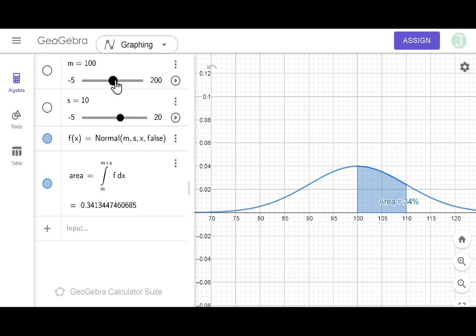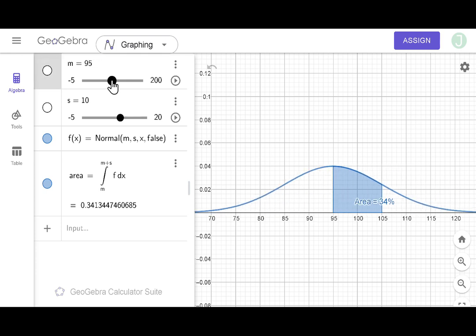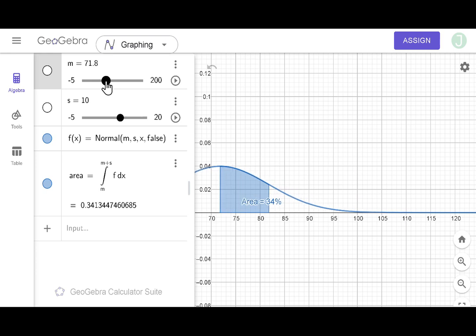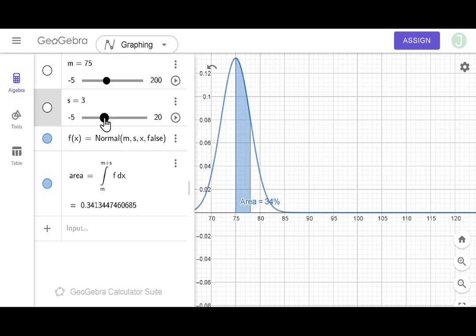However, these probabilities can be applied to any graph regardless of what the mean value is. If the mean value is 75 and the standard deviation is 2, the graph is going to look different, but the area is still going to remain the same.